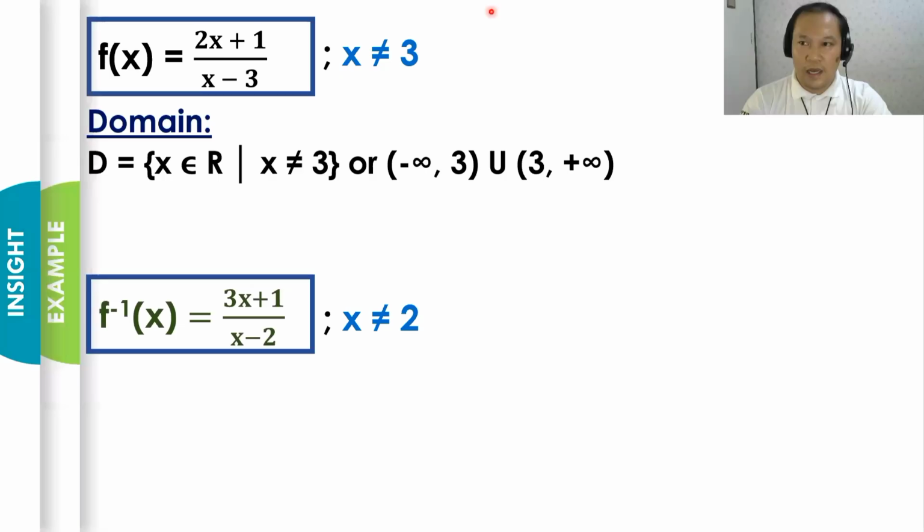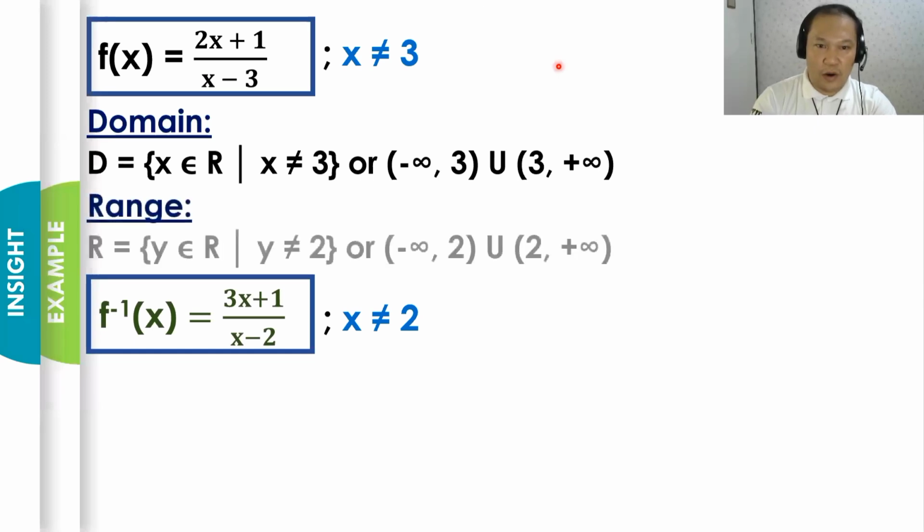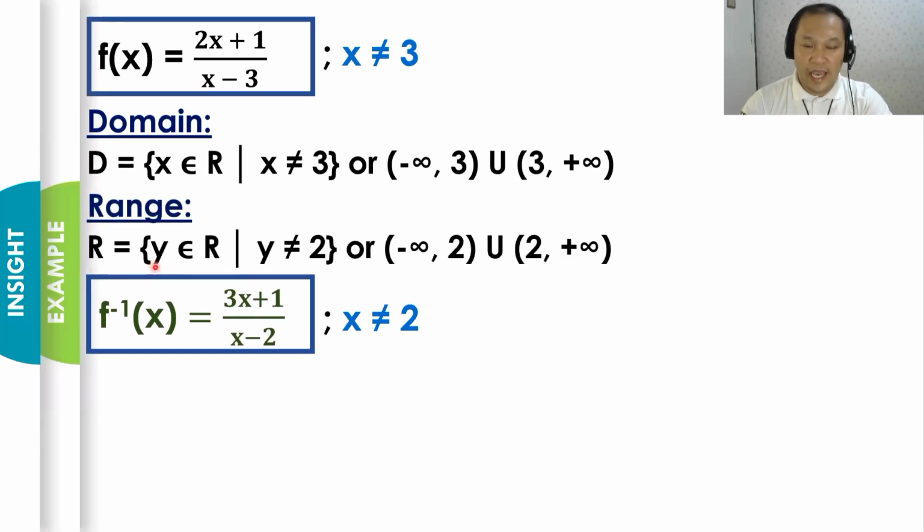On the other hand, for the range, y is an element of the real numbers such that y is not equal to 2. Meaning to say, we are not going to have a value equivalent to 2. And how were we able to find that? By applying the concept we learned about the horizontal asymptote.